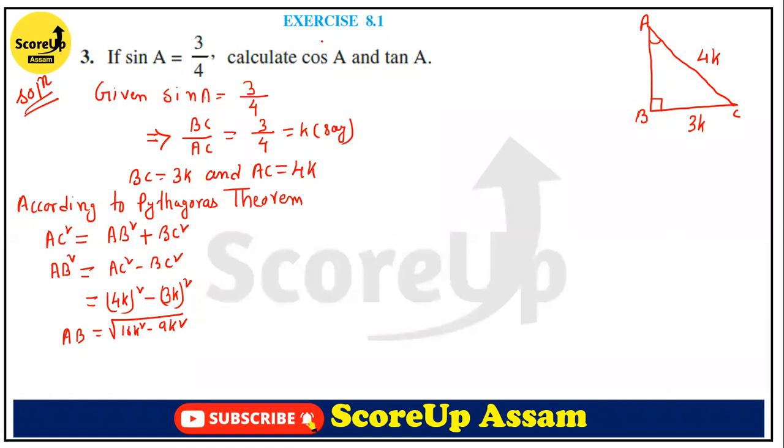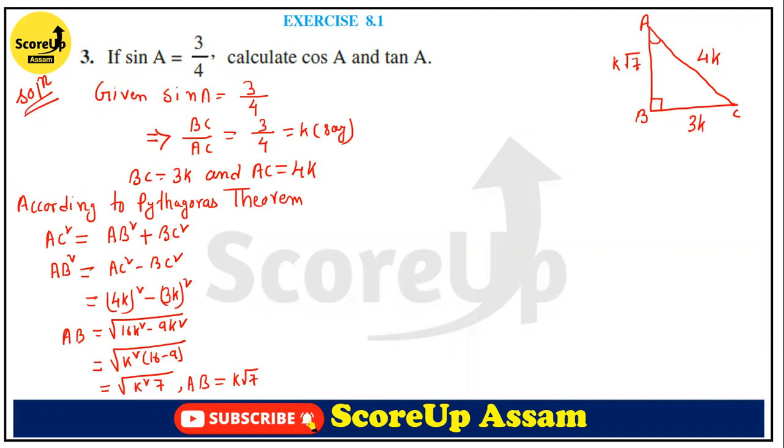Is it clear to you? If we take K square common, it will be 16 minus 9, and 16 minus 9 means 7, right? So K square 7. Therefore, AB is equal to K root over 7.